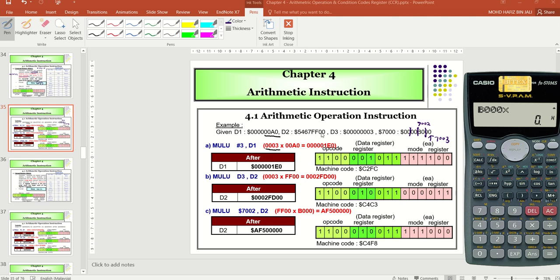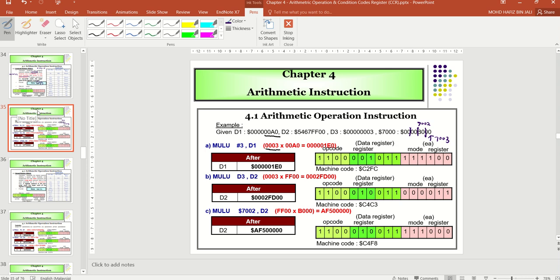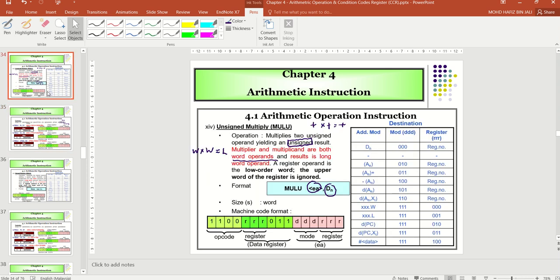D2 is FF00. So you get this one, already 8-digit long word size, so just copy the result to D2: AF500000. That's the example for the multiply unsigned.